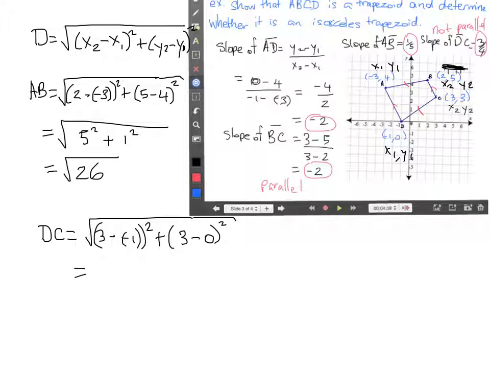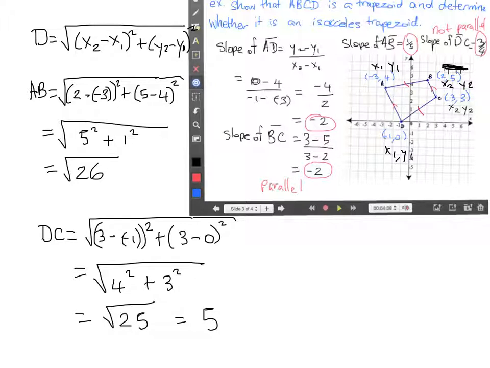And when we simplify that further, we get the square root of 4 squared plus 3 squared, which is the square root of 16 plus 9, the square root of 25, which we can simplify further as 5.